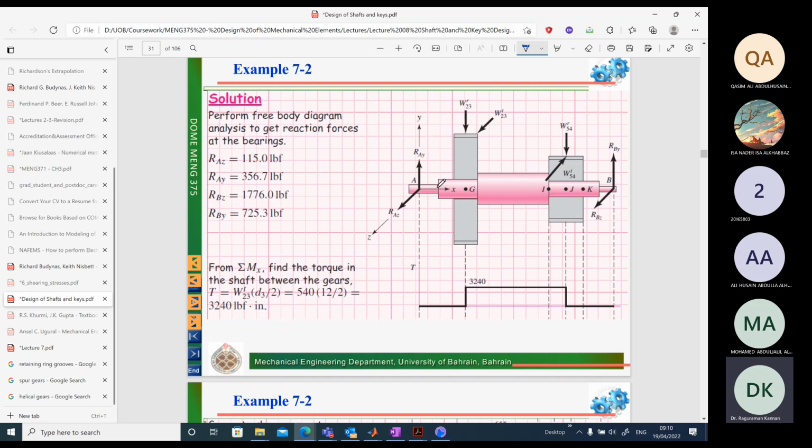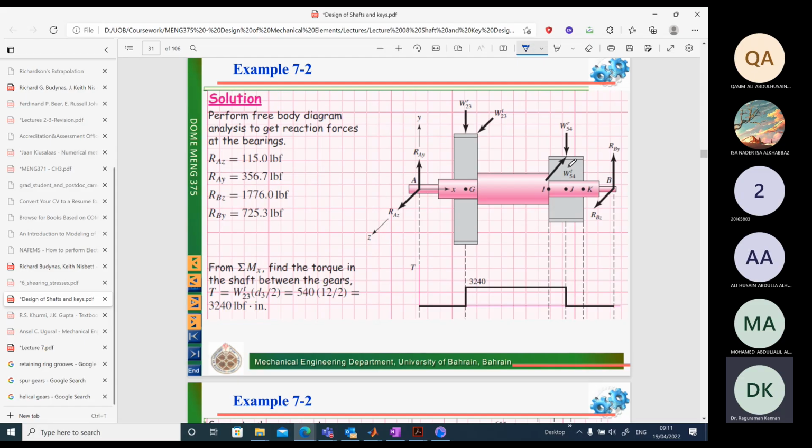So first fix your coordinate system x, y and z, and you can see in the y direction and the z direction you have reaction force at A, and similarly reaction force at B. There are 4 unknowns, and again there are 4 different forces you can see here: the radial and the tangential along the z direction, the radial along the y direction. Okay, so we have all these loads.